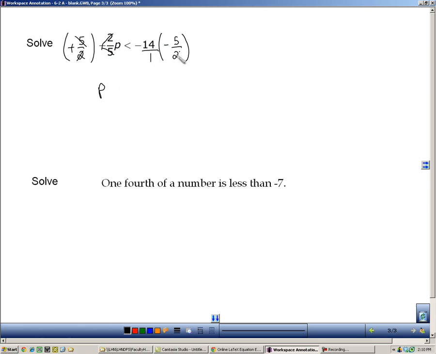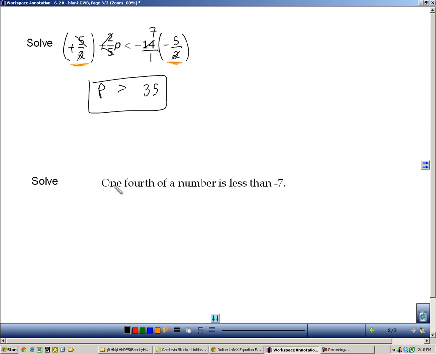Over here, 2 goes into 14 7 times, and negative 7 times negative 5 is positive 35. But notice again, I multiplied by a negative value here and here. And if you multiply by a negative value, you have to switch the sign, so this becomes greater than.